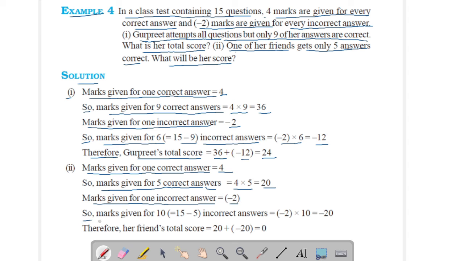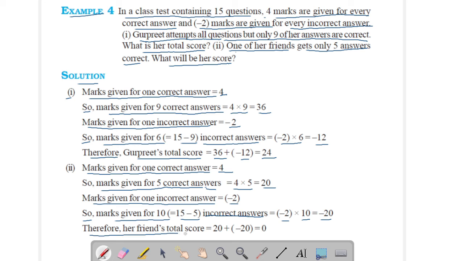So marks given for 10 incorrect answers. How will you get 10? Total questions were 15 and 5 questions were correct. Therefore incorrect questions will be 15 minus 5, that is 10. The marks given for 10 incorrect answers will be minus 2 into 10, that is minus 20.